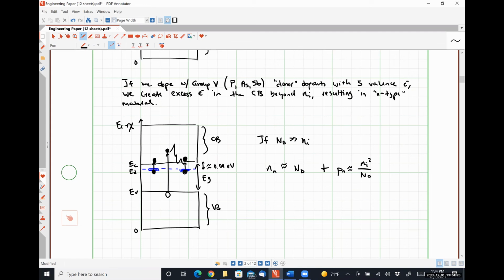The key here is understanding that while it seems like we're doping the hell out of this thing because we're putting in 10 to the 15, so that's like a quintillion dopants, compared to the actual number of silicon atoms in that same space, it's really not enough to do anything to change the crystal structure. Is that reasonable? Okay.